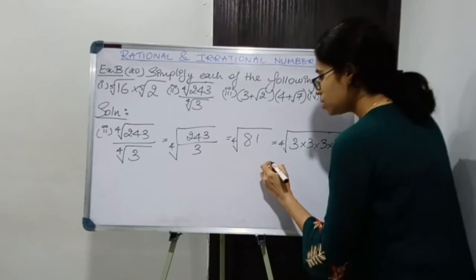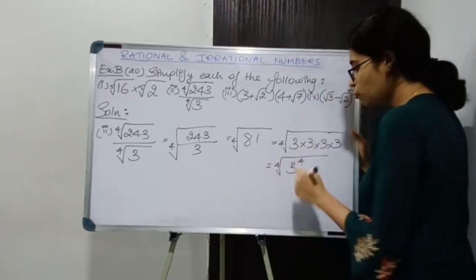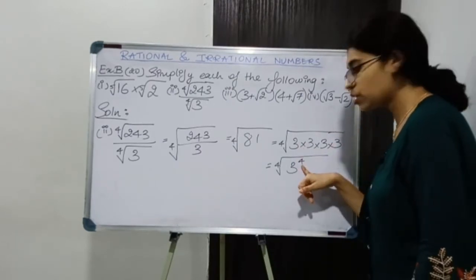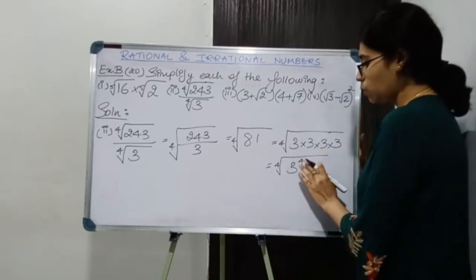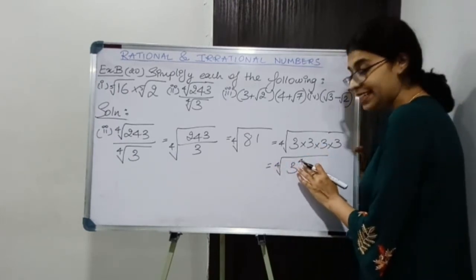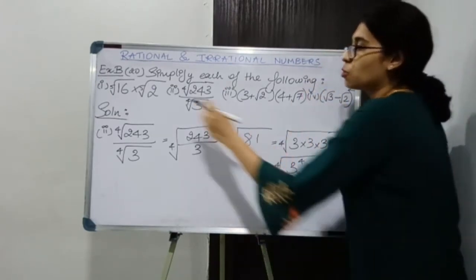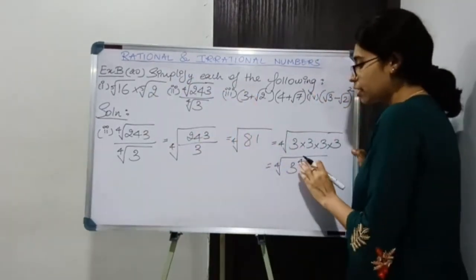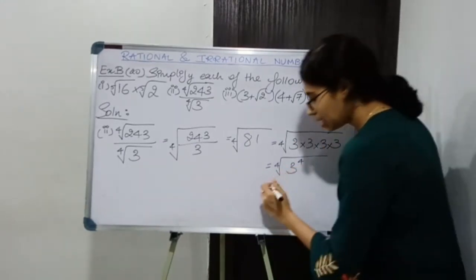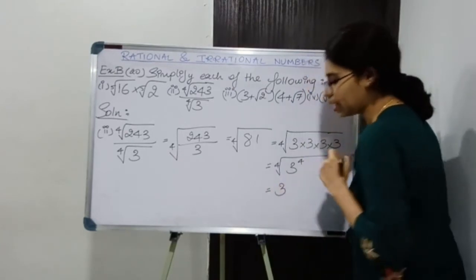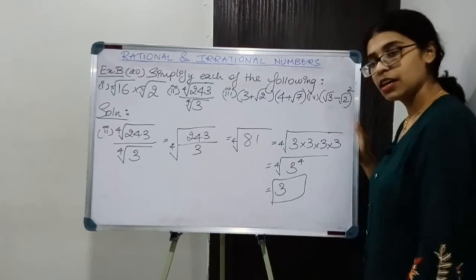So this is basically fourth root of 3 raised to 4. 3 is multiplied 4 times, so it will be 3 raised to 4 over here. Now fourth root of 3 raised to 4. I told you in the previous part also that if the root number and the power are both the same, they cancel out each other and I'll get the number itself. So the answer is going to be 3.